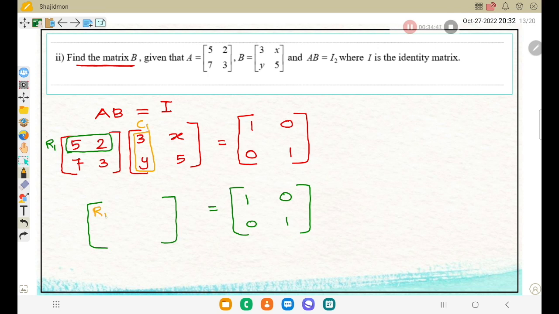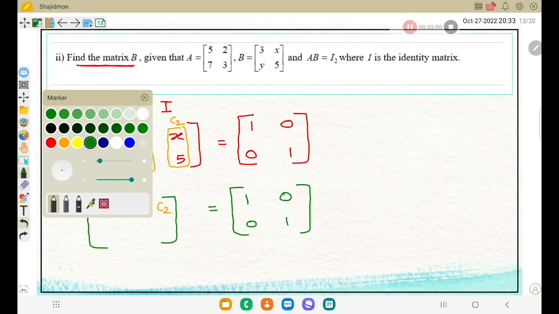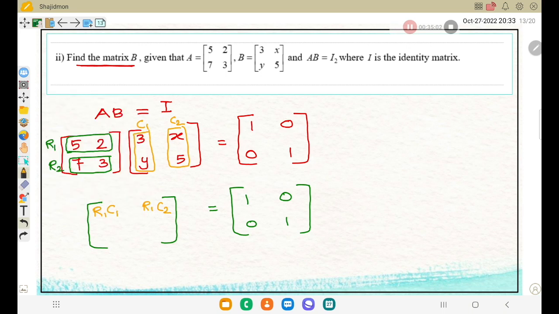So R1, C1, that is the first number. Then the same row multiplies with the second column, R1 with C2. After that, go to the second row, row number 2, here 7, 3. Multiply with column number 1, so R2, C1. After that, R2, C2, the second row with column number 2.